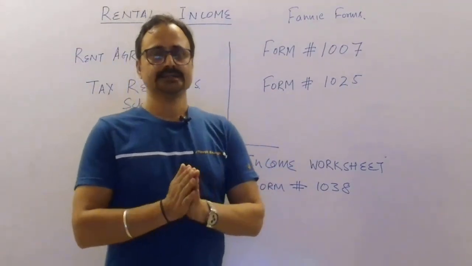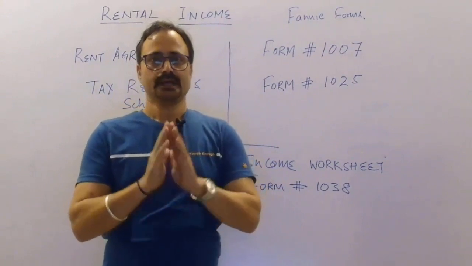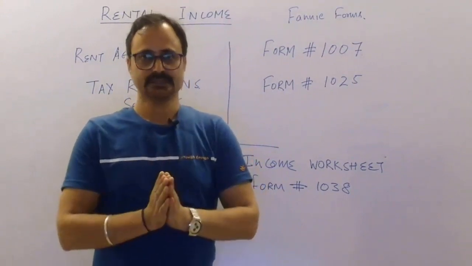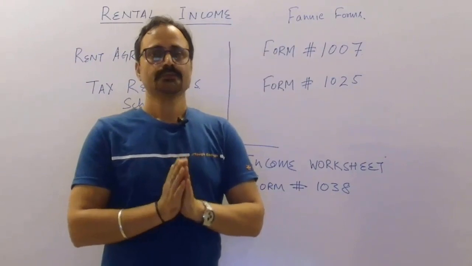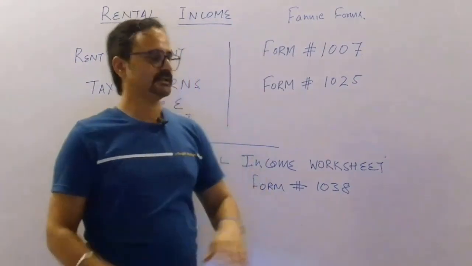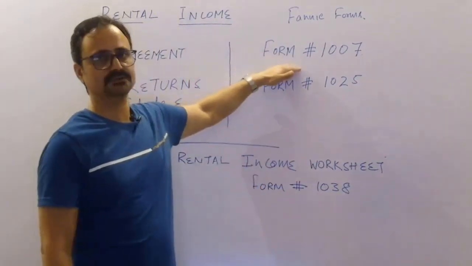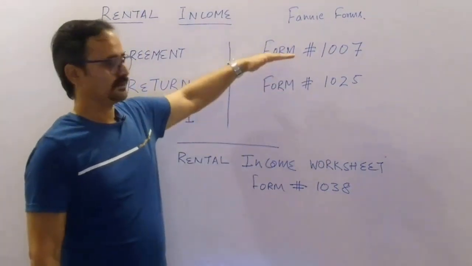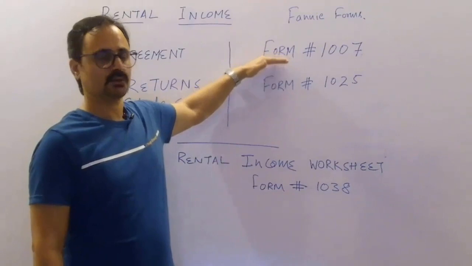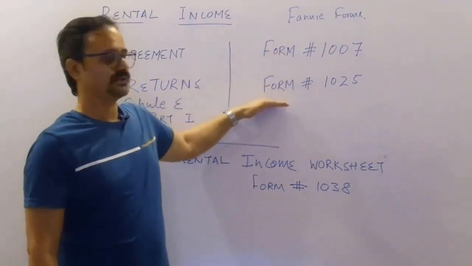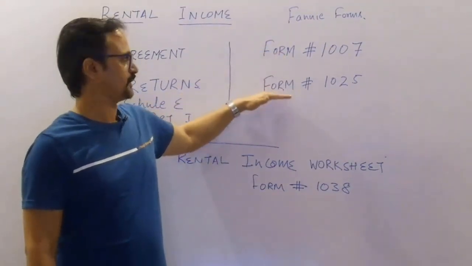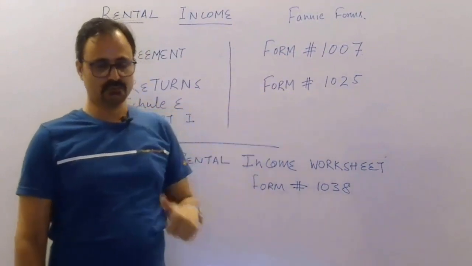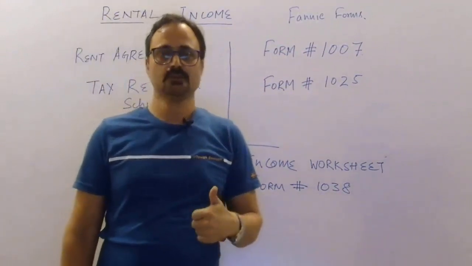So in that case, I can ask my appraiser to prepare and fill out form number 1007. Before understanding when I require 1007, let me explain form number 1025. What is form number 1025?